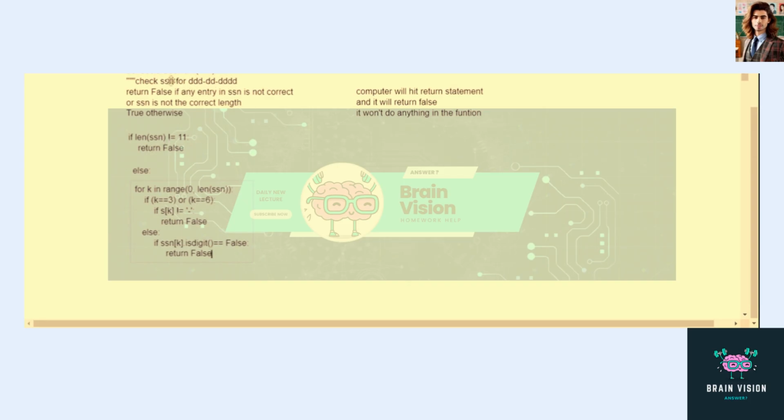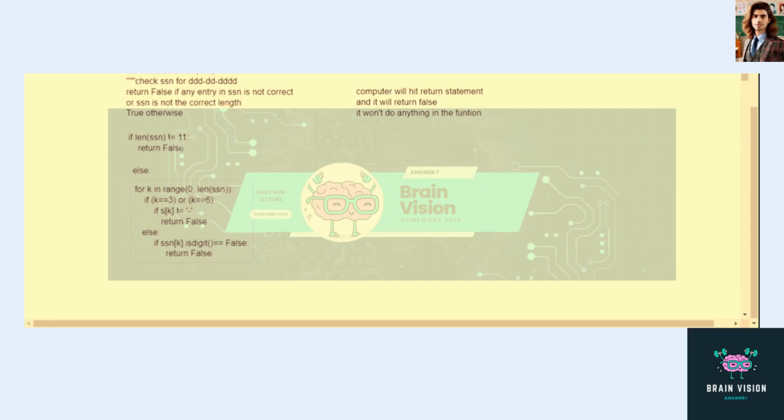In the first one, I have to check the length. The next one, I'm going through digit by digit, checking that each of the digits matches the required entry form. In particular, the first condition here is just checking for the dashes.